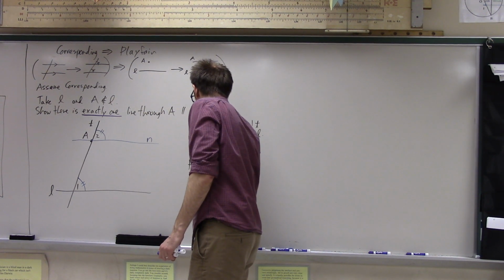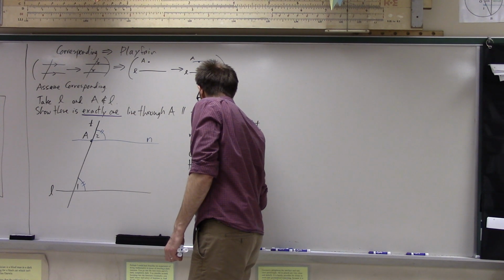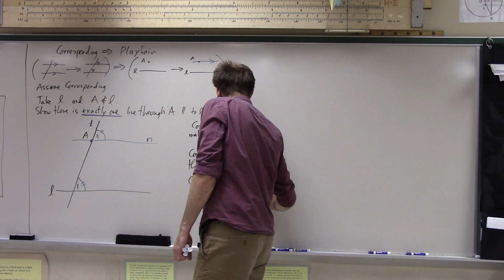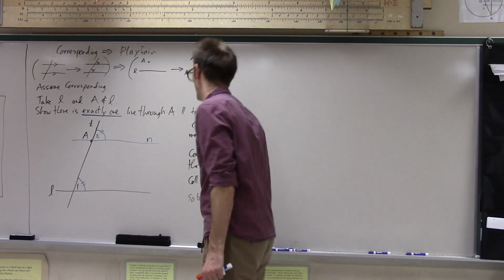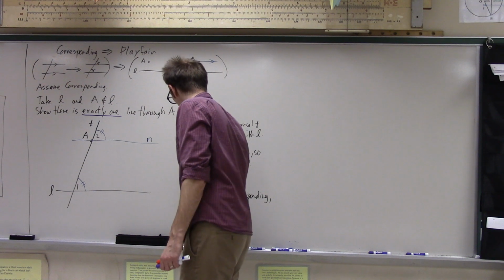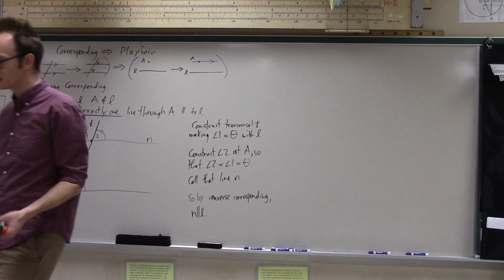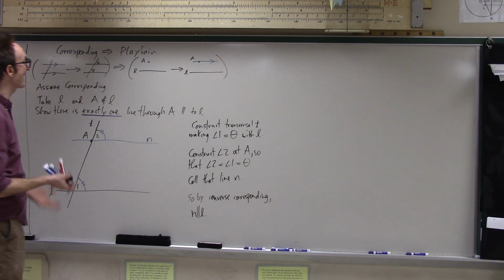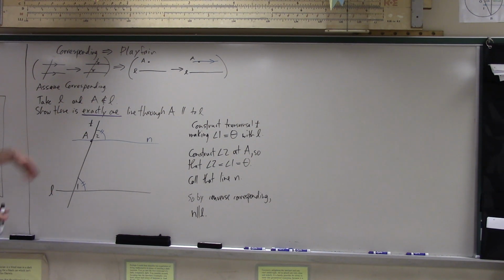So, by converse corresponding, N is parallel to L. So we just proved that it is possible to construct a line through A parallel to L.